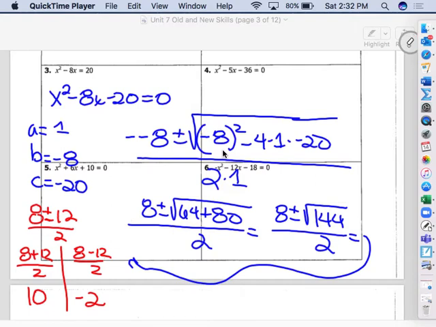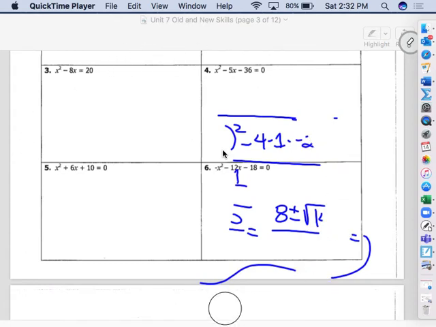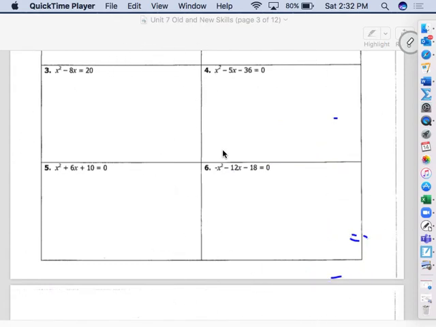So I'm going to just make a little analogy between numbers 1 and 3. And since I'm on number 3, I just want to look at this piece, the square root part. So here I had a perfect square underneath the radical. When you have the perfect square underneath the radical, that means that you could have solved this by factoring. There are factors of negative 20 that sum to negative 8.